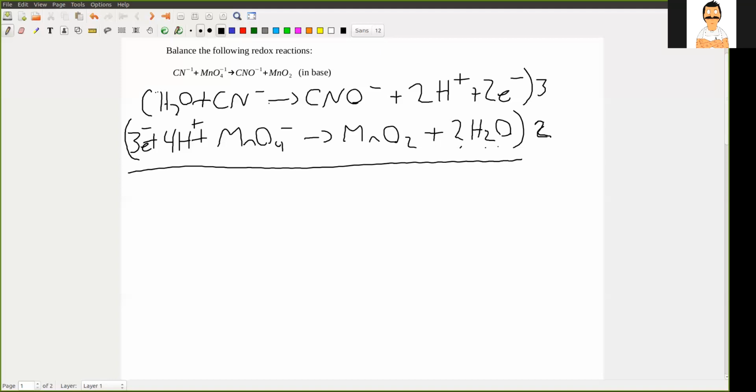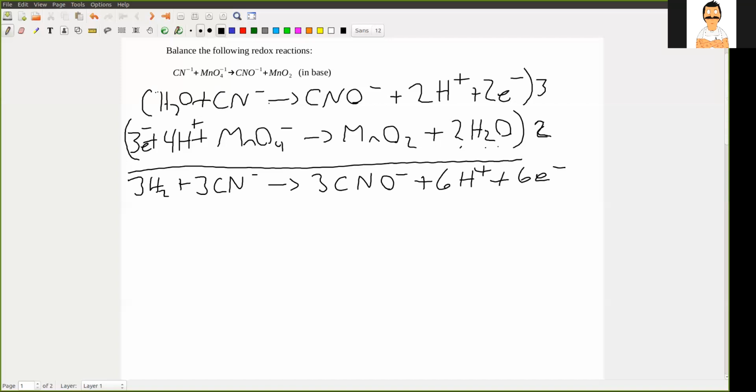So we have 3 waters plus 3 cyanides. And then from the top equation, we have 3CNO plus 6 protons plus 6 electrons.